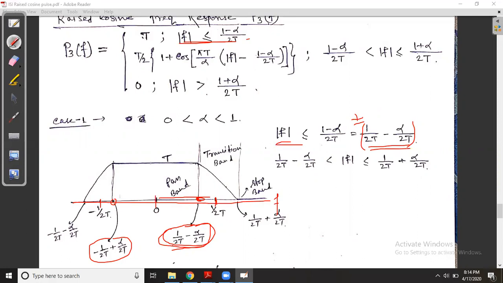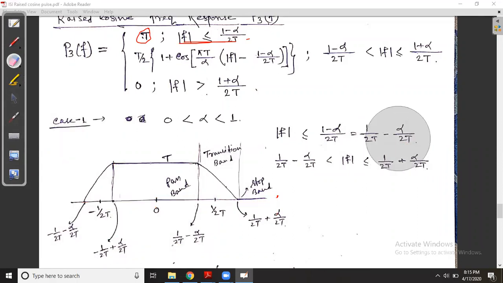So in this range of frequency, the amplitude value of the pulse will be a constant value, which is suppose T. That is the constant one, which is T. I think it's clear. If not clear, you can ask here in the chat. Again, I am repeating the same thing. This is frequency mod of f. Mod of f means this whole term along with plus and minus.